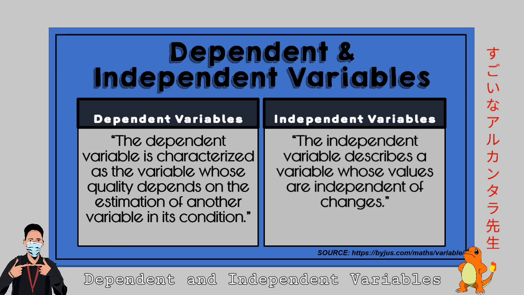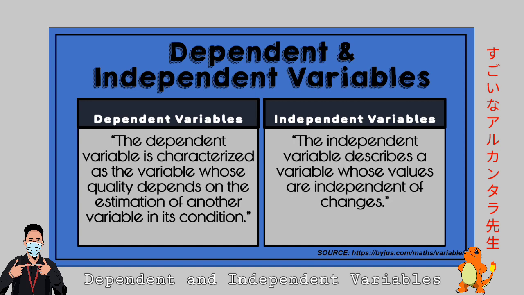While an independent variable is a variable whose values are independent of changes. It's not like you're gonna change the amount of albums that you decided to buy even if you have more money. That's not how it works. The amount of money you prepare changes depending on the albums you wish to buy. That's why we have to emphasize the difference between the two.